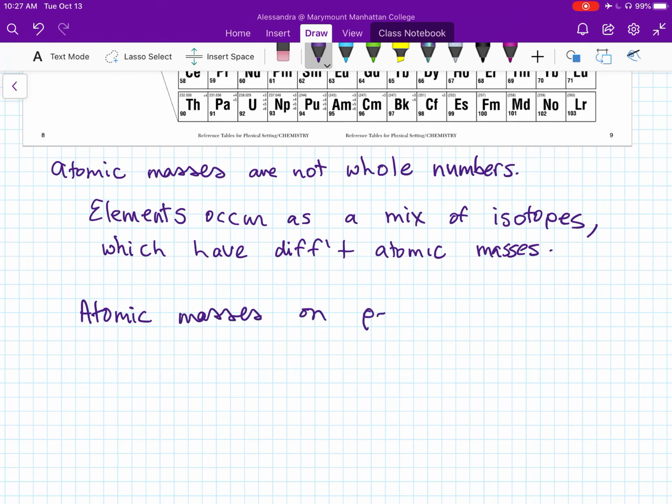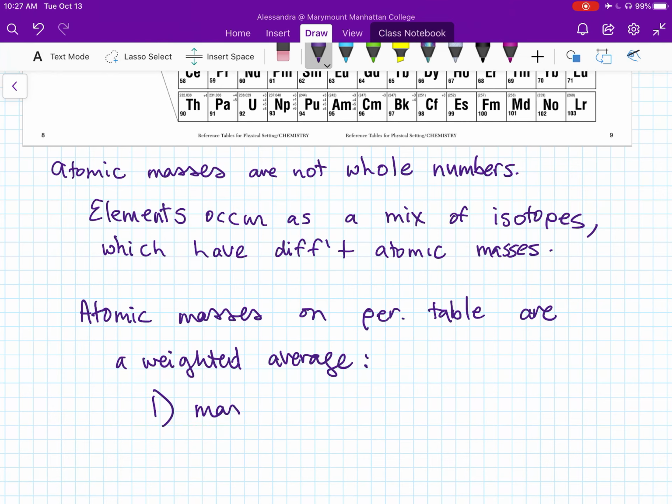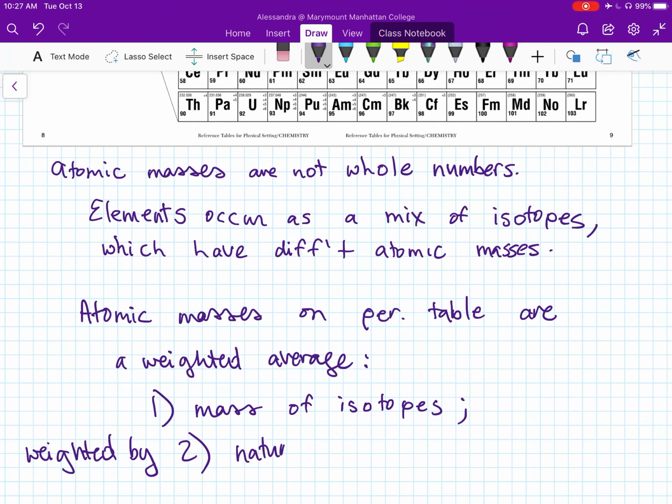So the atomic masses that we see as the top number on the periodic table are a weighted average of those naturally occurring isotopes, where we have the mass of the individual isotopes that the element exists as, and then it's weighted by the percentage of their natural abundance.